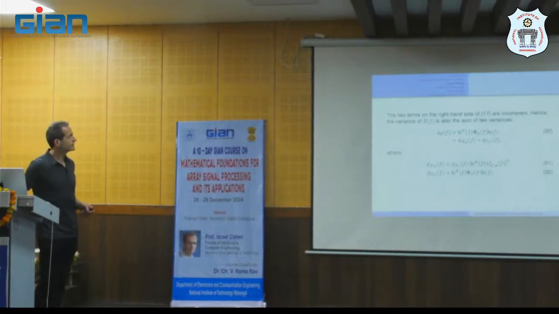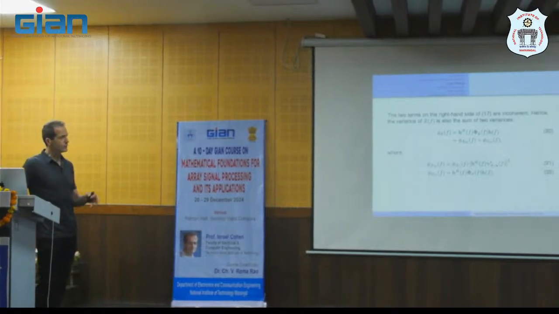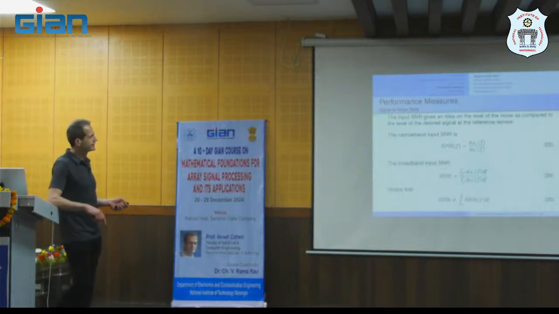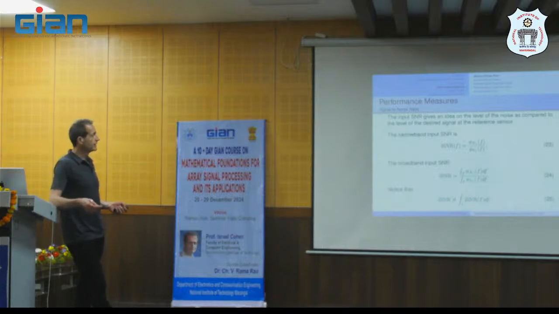Okay, let's continue. We started already with the performance measures, so let's continue. We have the narrowband signal to noise ratio, just like we wrote before. And we can define the broadband input SNR, which is the summation or integral of the variance over all frequencies.